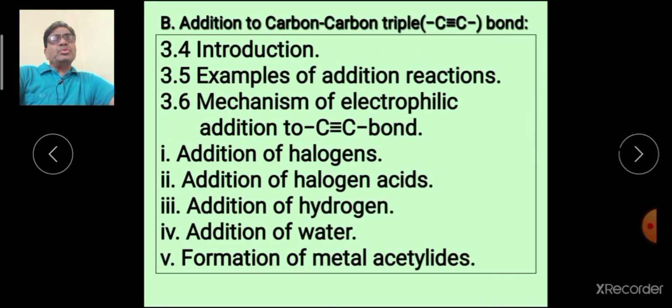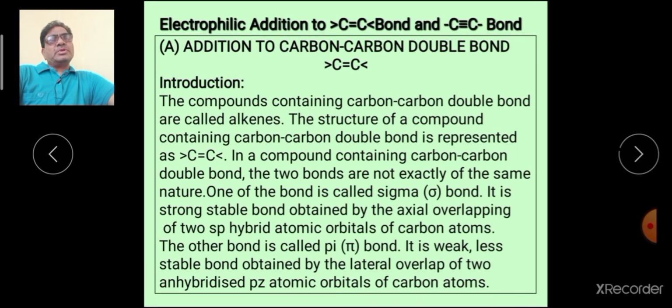Part 2, that is B, includes introduction, examples of addition reactions to carbon-carbon triple bond, mechanism of electrophilic addition to carbon-carbon triple bond, that is the addition of halogens, addition of halogen acids, addition of hydrogen, addition of water, formation of metal acid halides. First we are going to see the electrophilic addition to carbon-carbon double bond, that is Part A.